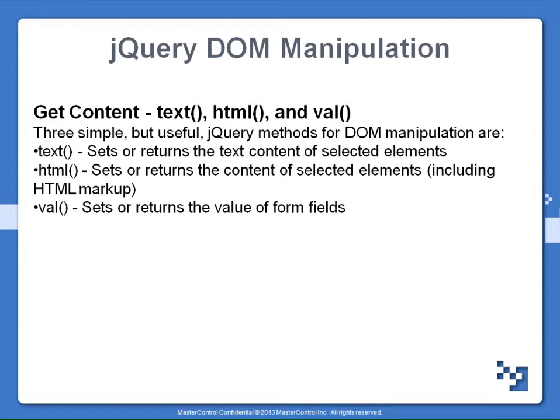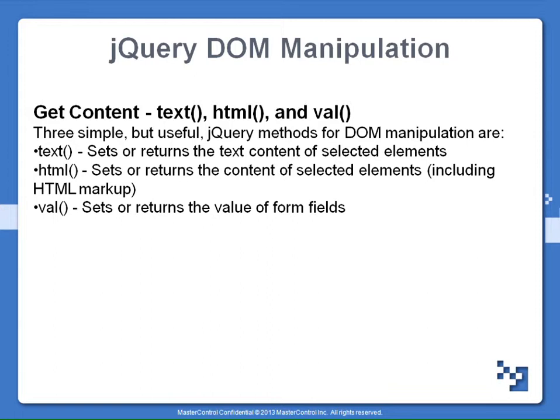If you've typed something into a field or you've selected something from a dropdown, that may make other fields on your form required or hidden or something like that. These are the most common ones that we use. So there's a text get method that sets or returns the text content of a selected element.